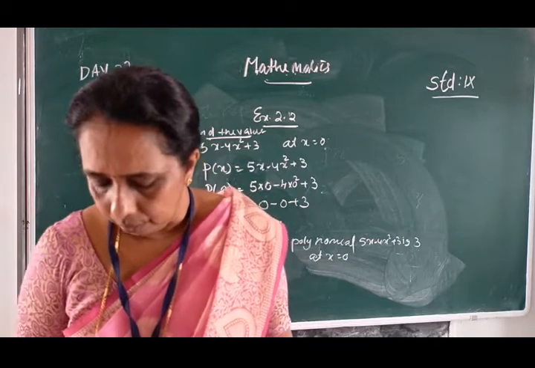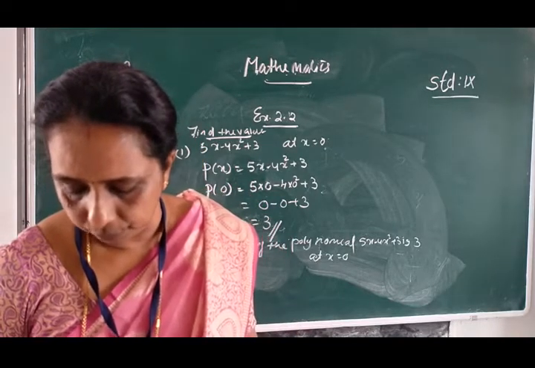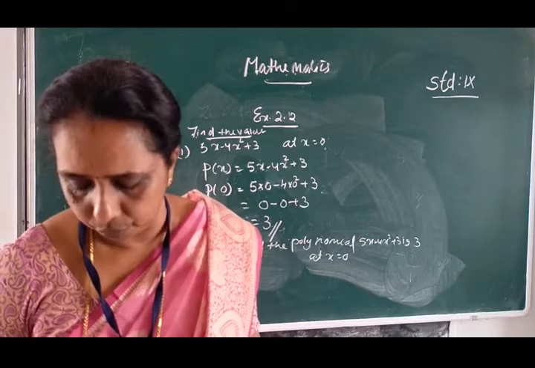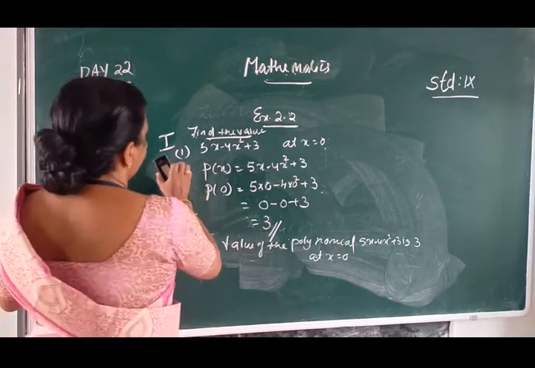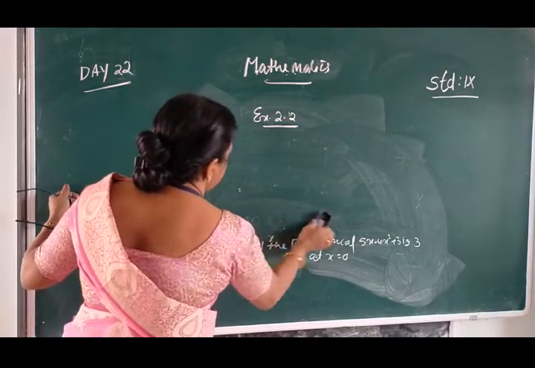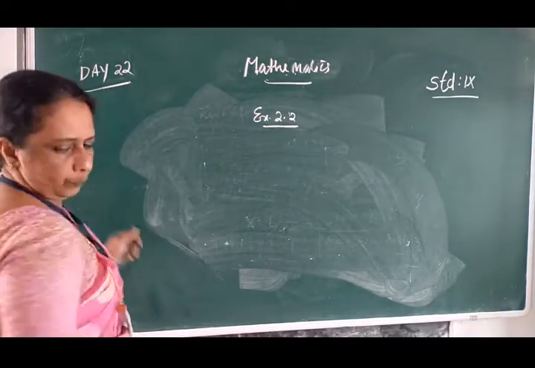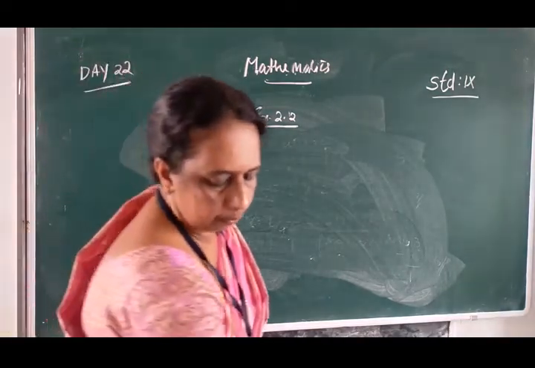Next question. Find p of 0, p of 1 and p of 2 for each of the following polynomials. Second one.